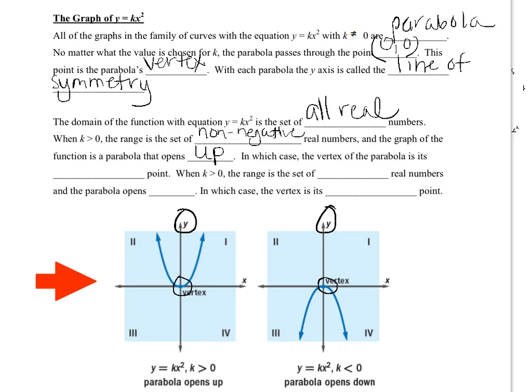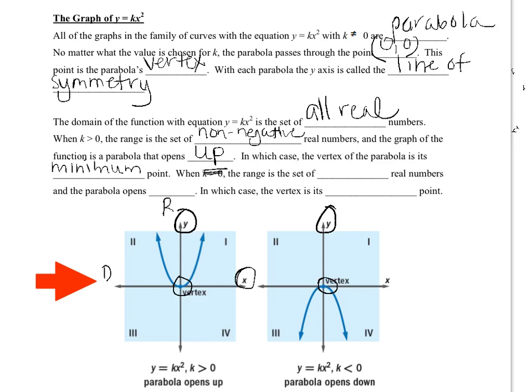The parabola opens up, it looks like a smiley face. The domain is all the real numbers, so all the x values, that's the domain. And the range is all the positive real numbers, the non-negatives. In which case, the vertex of the parabola is its minimum point. That's the lowest point on that graph. There's not going to be any points below that.